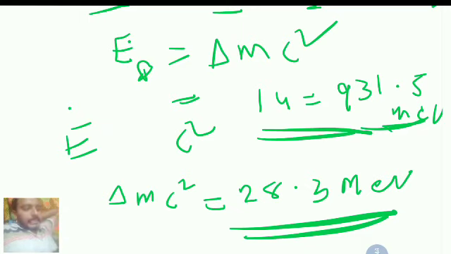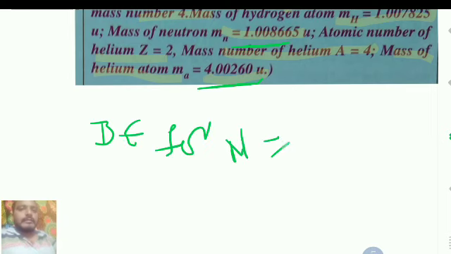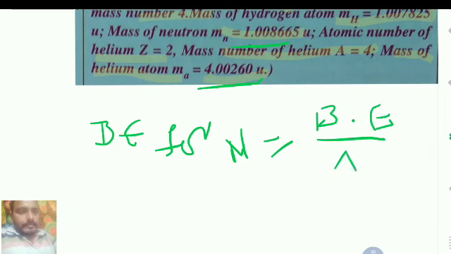Okay, binding energy per nucleon. How to calculate it? Binding energy per nucleon is equal to binding energy by mass number.